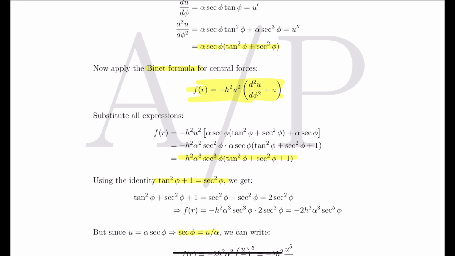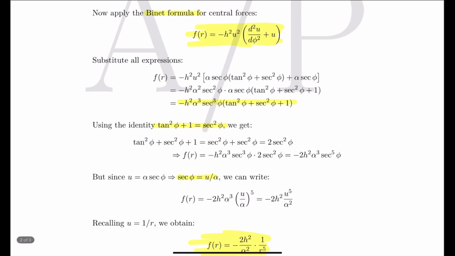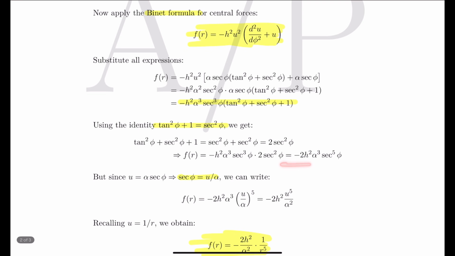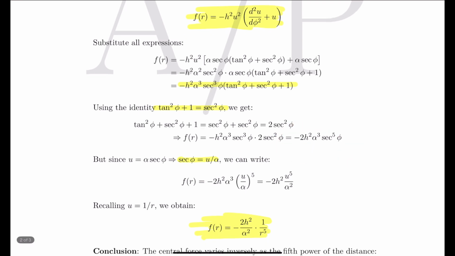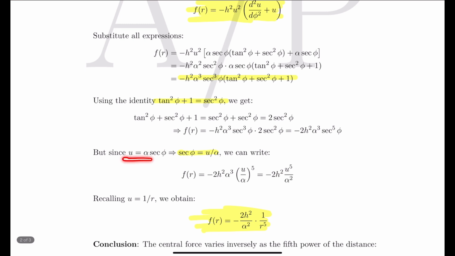We know that tan square psi plus 1 is sec square psi. So in this bracket we have 2 sec square psi, which ultimately leads us to 2h square alpha cube sec to the power 5 psi, and we know that u is equal to alpha sec psi. So sec psi is nothing but u by alpha. When we substitute all the values, we finally get minus 2h square u to the power 5 divided by alpha square.